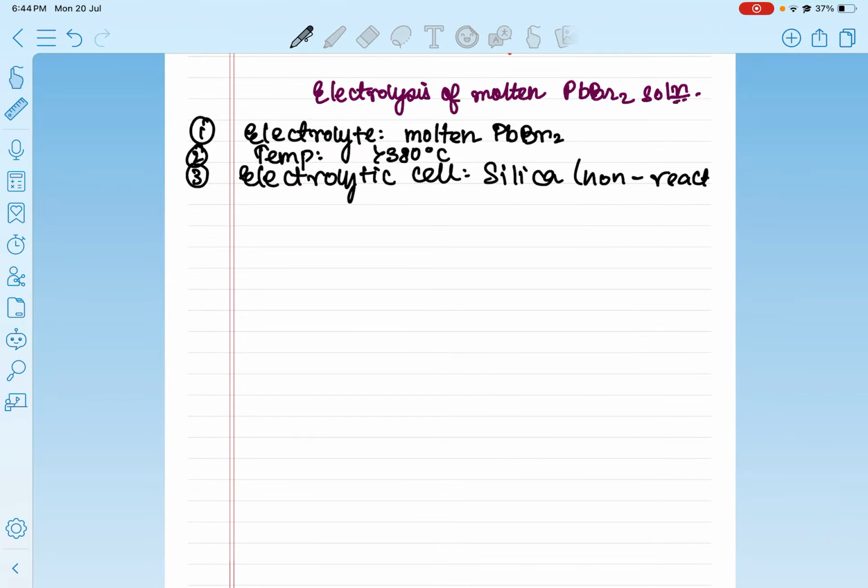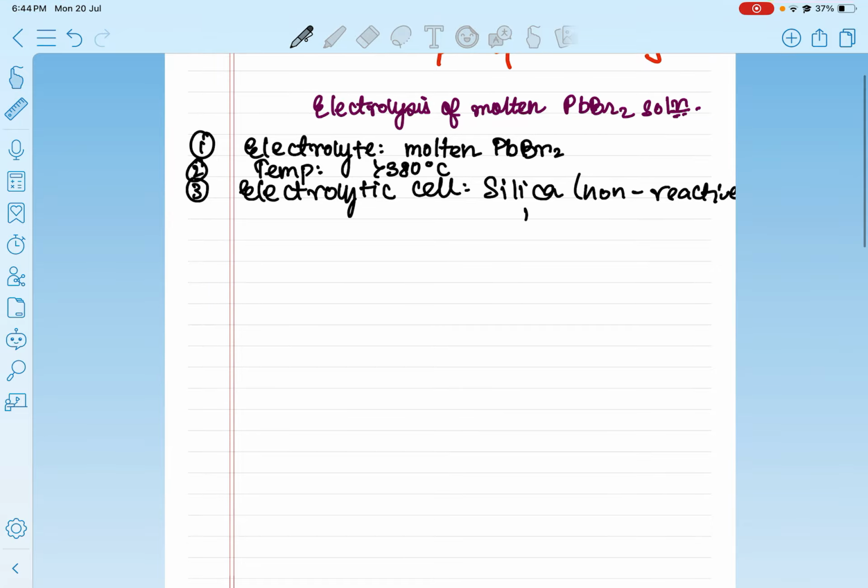It can withstand high temperature, and it's almost a non-conductor of electricity. So the electrolytic cell, the voltameter cell, is made of silica.